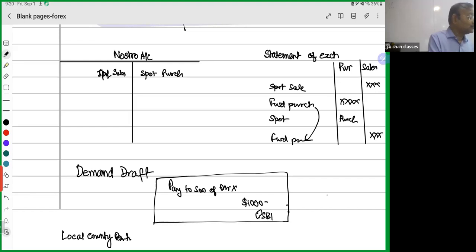Plus, in addition to that, if you still find difficulty in understanding any of it, you can refer to page 131 in this book. Page 131 in this book. Nostro, Vostro, Loro. Point number 15.